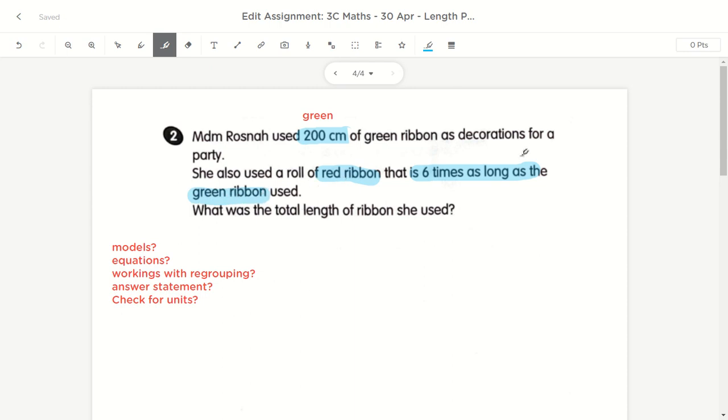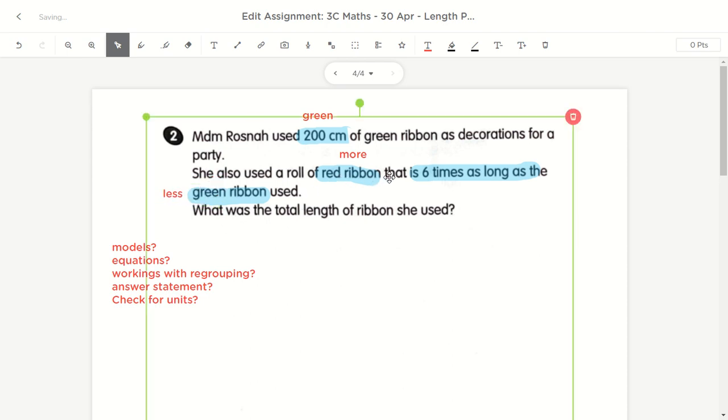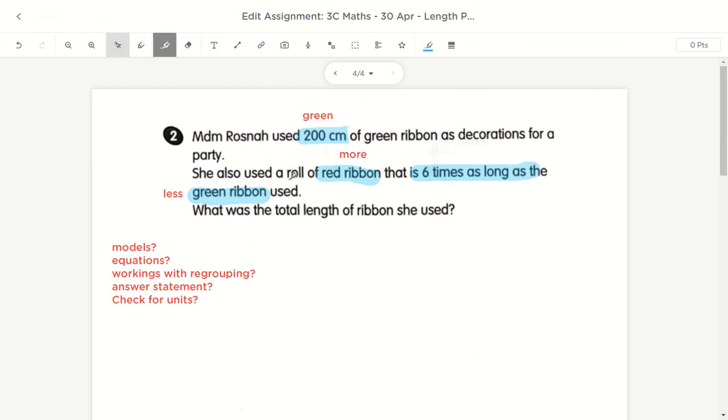So straight away you know that red is more and green will be less. The more and less concept, you have to be very strong in this. They want you to find the total. They write total there already, so it's quite straightforward.